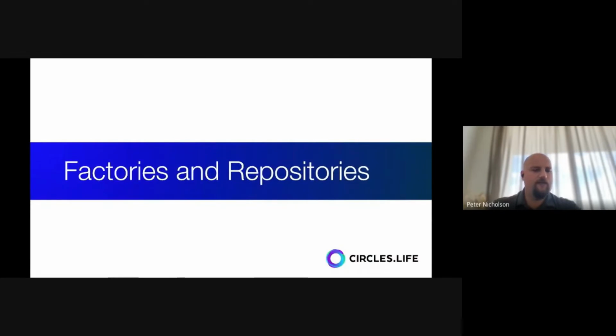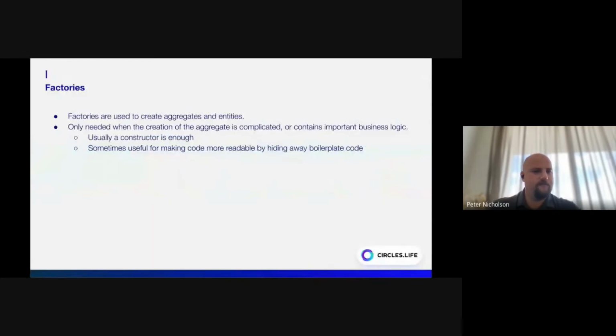So with that, we can look at our factories and repositories. Factories and repositories are how we're going to control persistence and creation of our entities. Factories are simple. They're how we create our aggregates and entities. Usually, a constructor is enough for this.